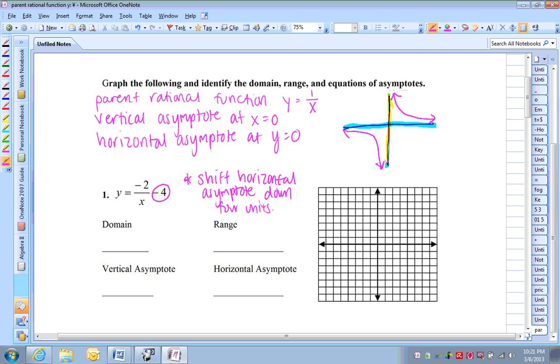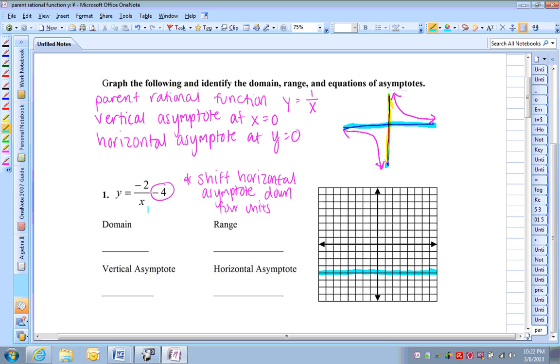For those of you in my class, you'll remember that as dealing with cat. In any other Algebra 2 class, when I say cat, I mean up and down, and when I say bear, I mean left and right. So this -4 is dealing with cat, and our horizontal asymptote is going to be down at y equals -4.